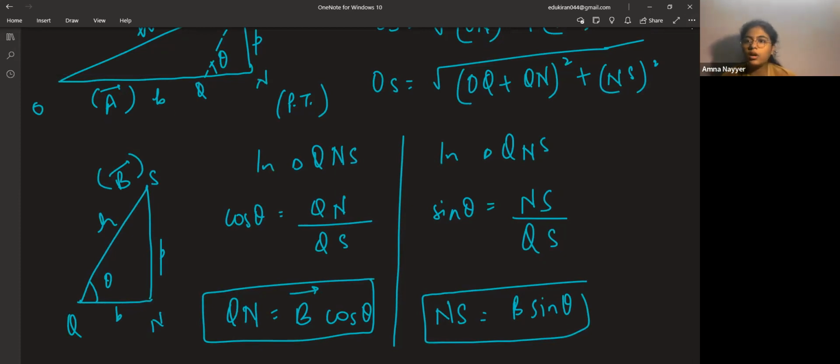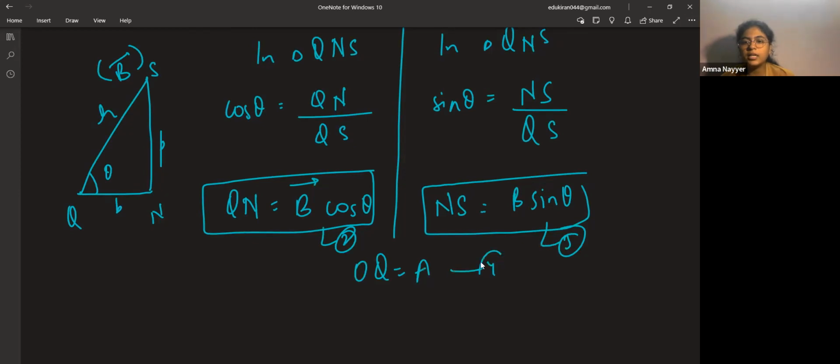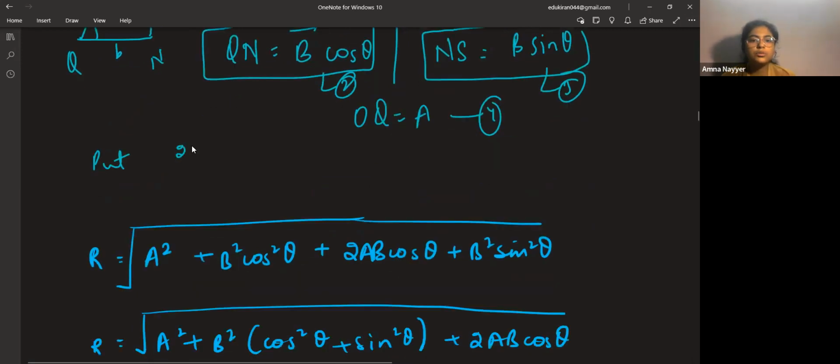Let's say this is equation number 1. This is equation 2, this is equation 3, and your OQ is equal to A. This is equation 4. So put 2, 3, 4 in 1.